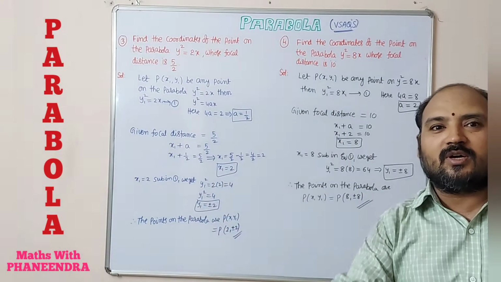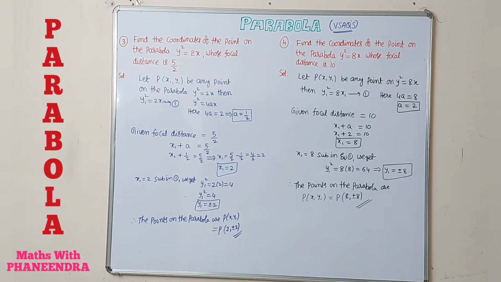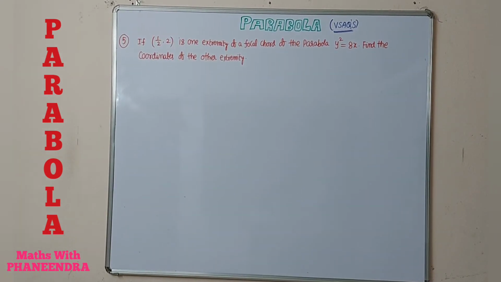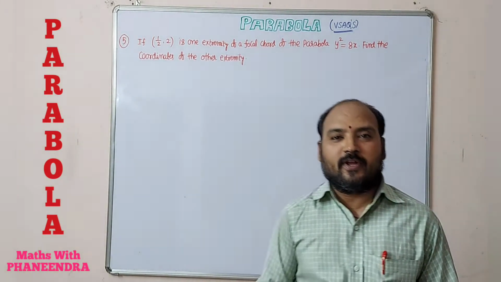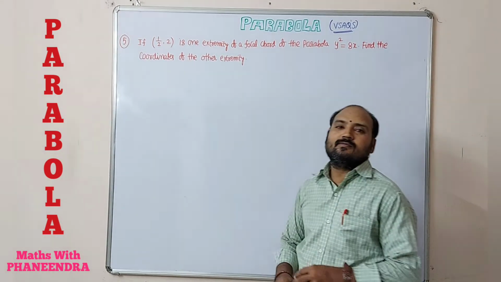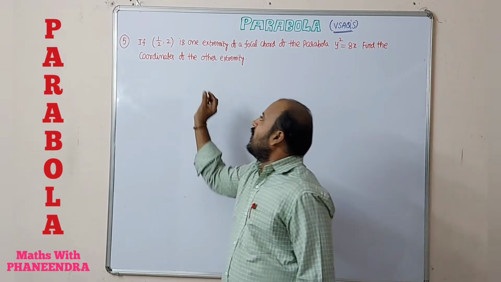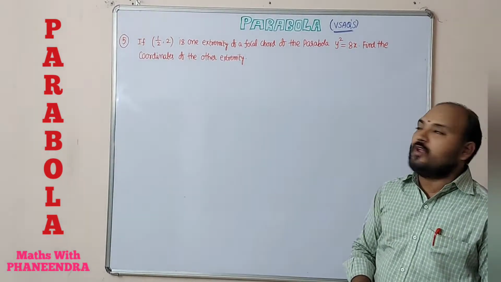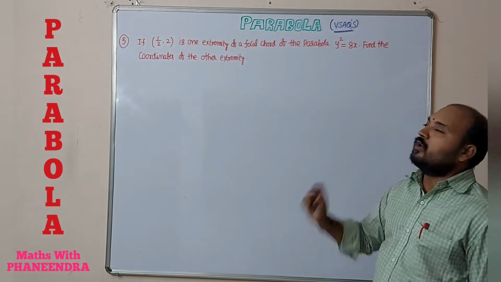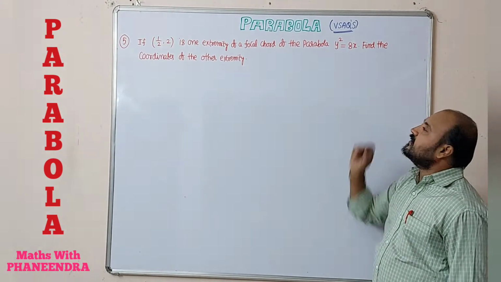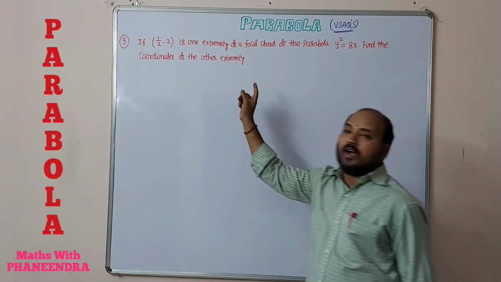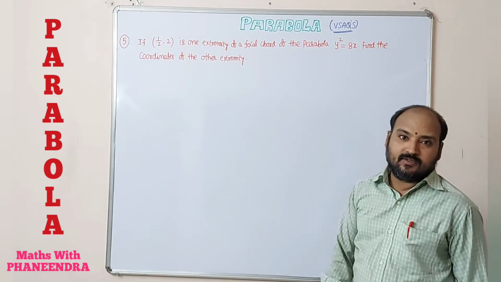So now coming to the third model. The next important model. If (1 by 2 comma 2) is one extremity of a focal chord of the parabola y square equal to 8x, find the coordinates of the other extremity.